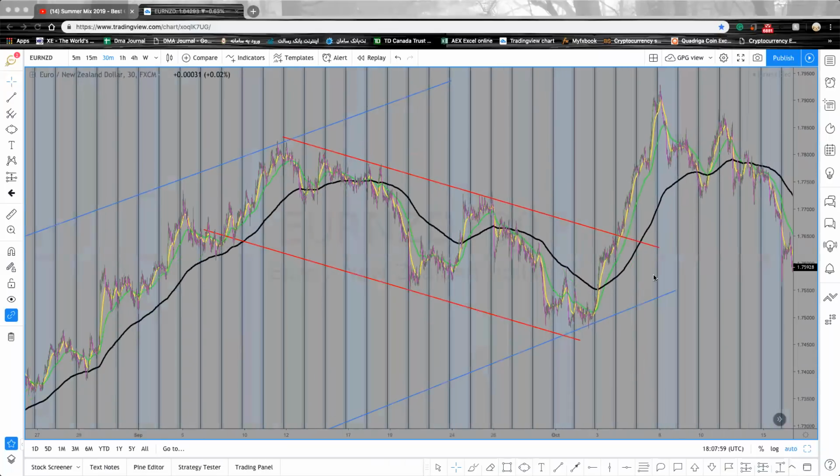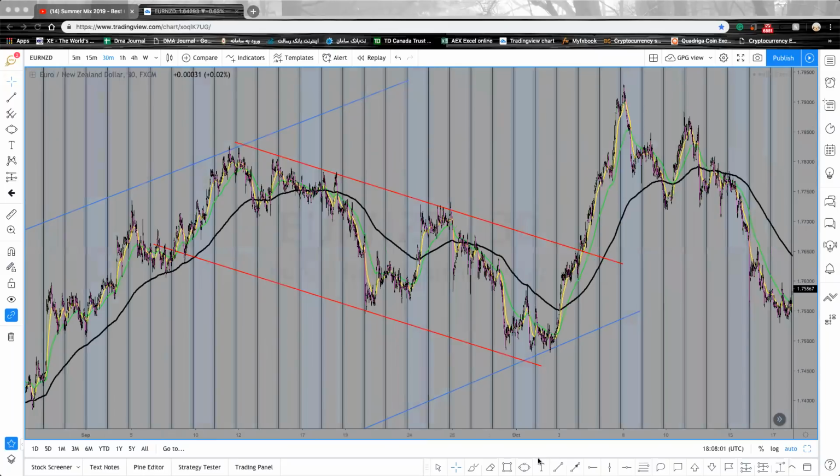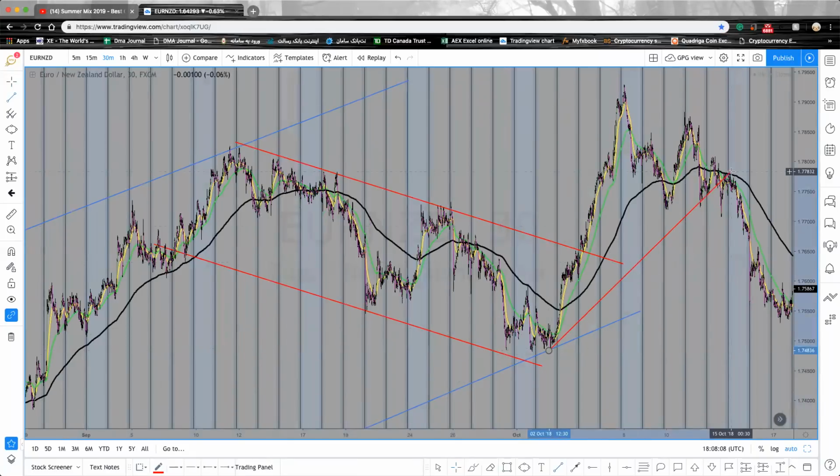So now what happens here is that this trend, this is basically a weekly structure, the smaller one, micro one, into a macro uptrend.